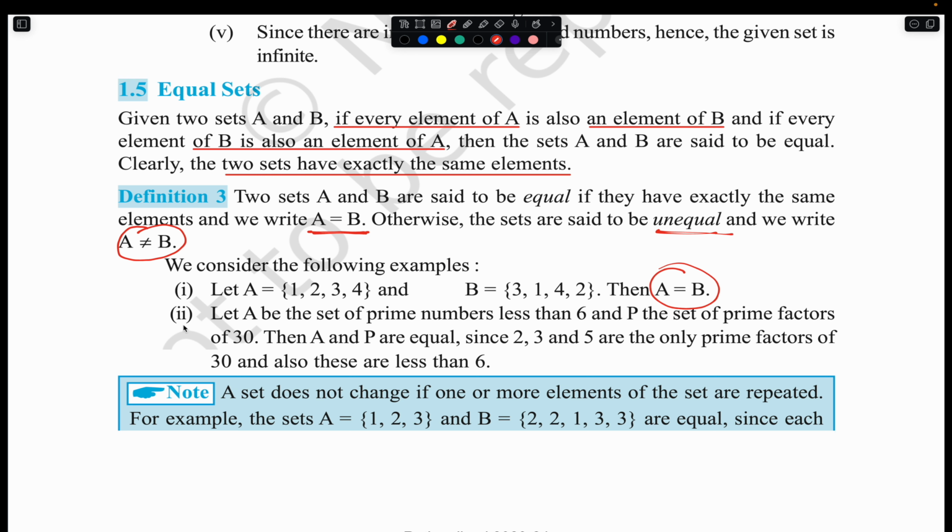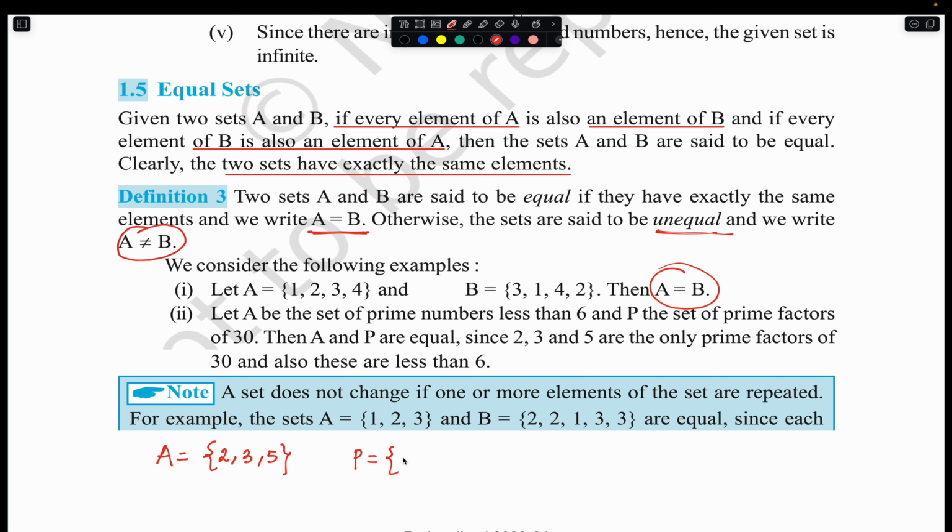Now let's see the second example. Let A be the set of prime numbers less than 6. So let's try to write the set A. Prime numbers less than 6 are going to be 2, 3, and 5, correct? Then P is the set of prime factors of 30.